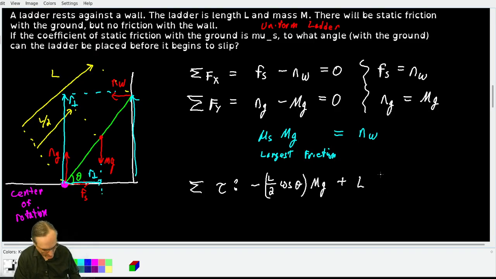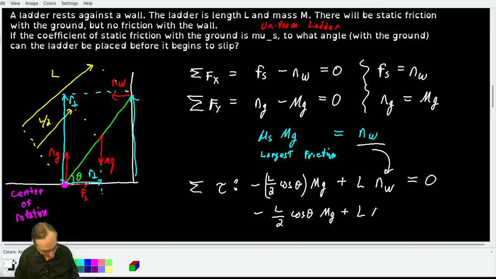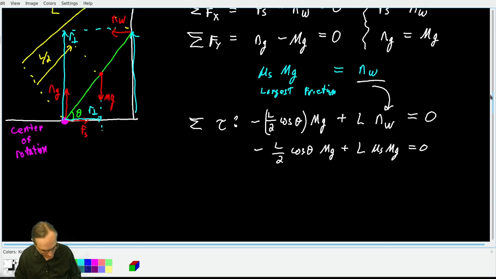Or sorry, this would be N sub W. Okay. So now to find our answer, we're going to take the normal we found above and substitute it in. And from there, we should be able to find our angle.